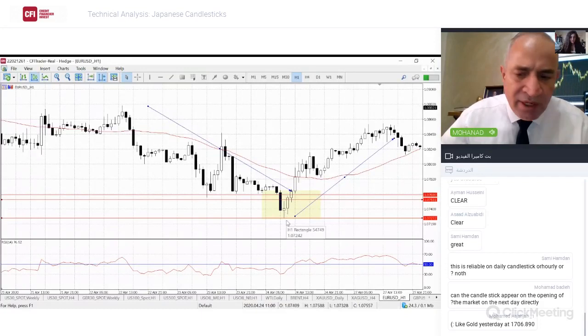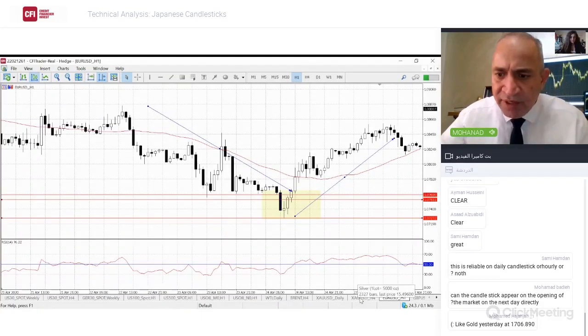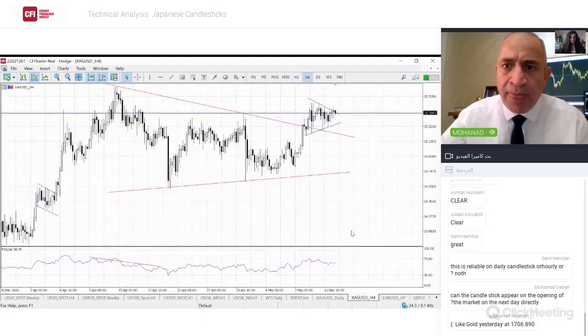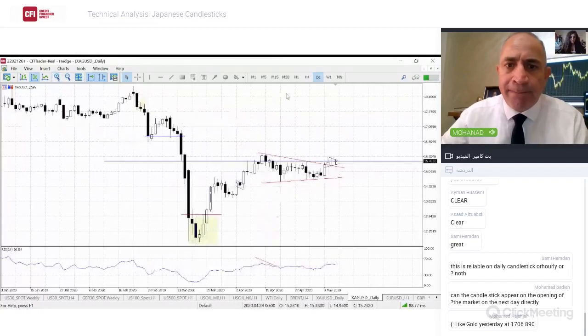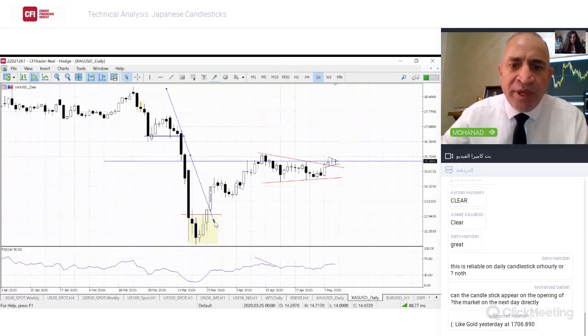We have another example, the silver. As you see in the example, I had a downtrend. At the end, I have a combination of three candlesticks. First, a tall black candlestick, followed by a small real body candlestick, and end with a tall white candlestick.